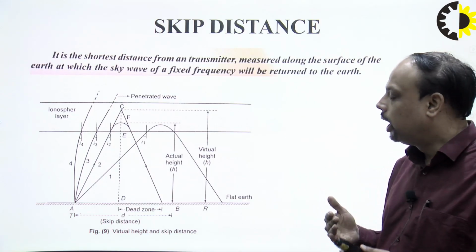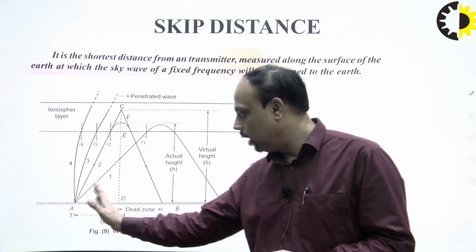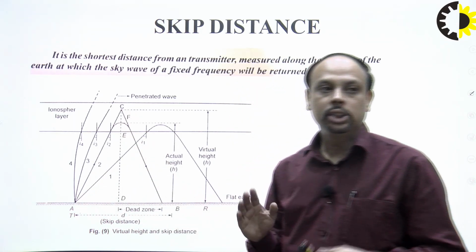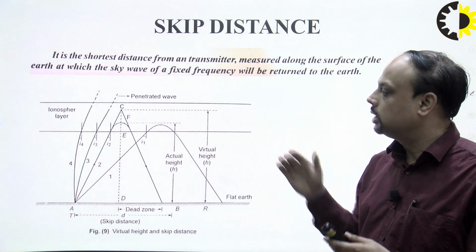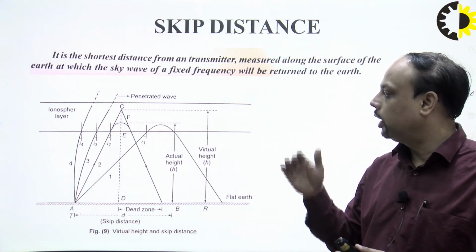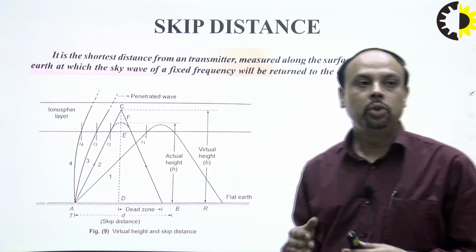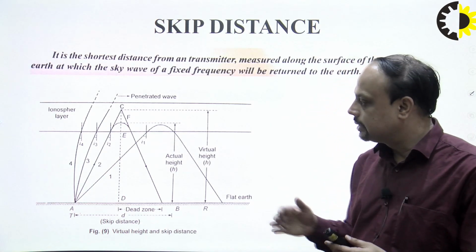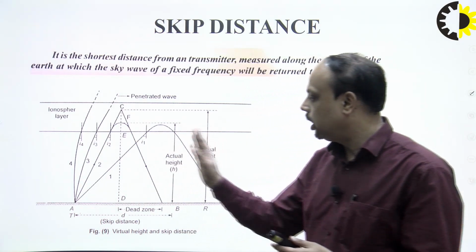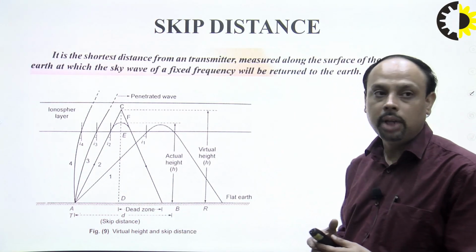and F2. When a wave of a particular frequency enters at a different incident angle, it gets reflected back by the ionosphere due to the very large concentration of electrons in these layers. As we can see, multiple waves are reflected from the ionosphere.